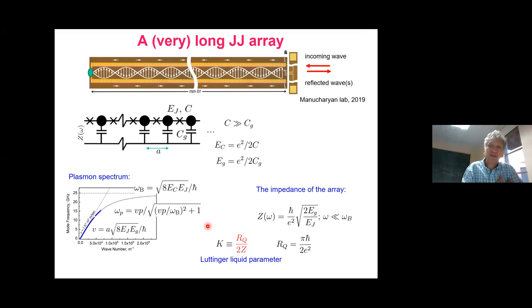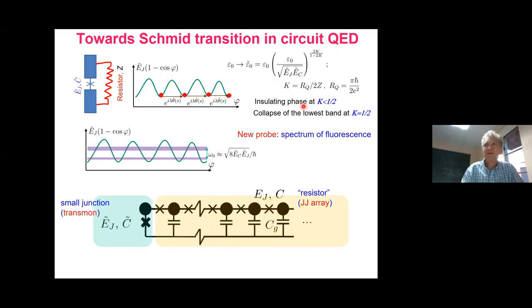Fine. So in terms of the quantum parameter K, which scales as 1 over Z, if I translate what was in the Schmid transition in terms of capital K, then we expect that at K equals 1/2, the bandwidth collapses, and then one must have a superconducting response of the Transmon.